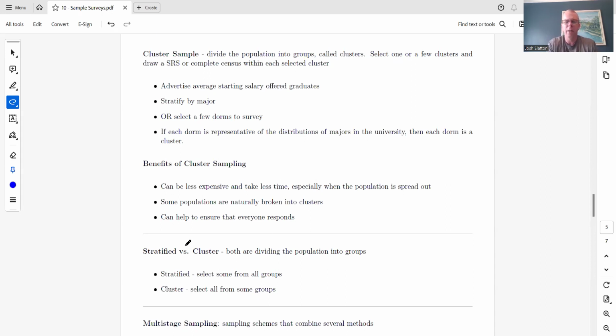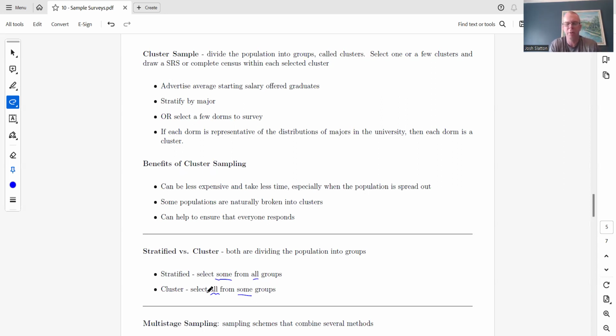So to summarize those two, both are dividing the population into groups. Stratified, you select some from all the groups. Cluster, you select all from some of the groups. And that's the main thing.